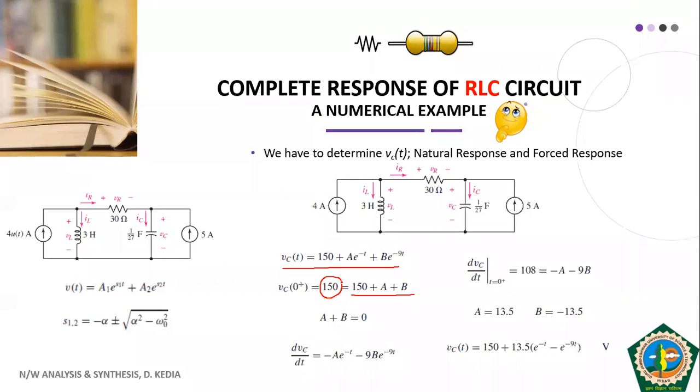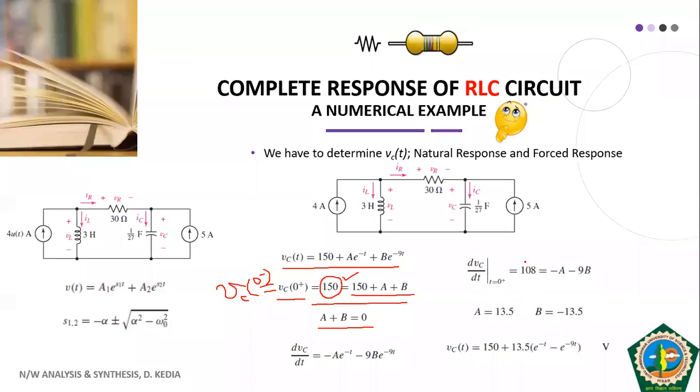I leave this to you for the time being today, that you have to find out how this VC 0 plus is equal to 150. And let me tell you, since this is a capacitor, VC 0 plus will be equal to VC 0 minus. So first you find out VC 0 minus. This VC 0 minus will be equal to 150, and that's why this equation has come. So 150 will cancel and A plus B will come out to be 0.